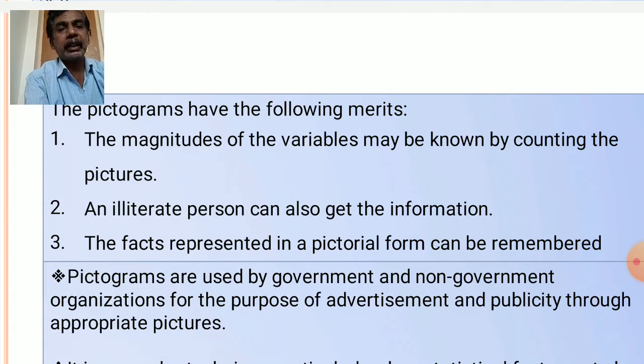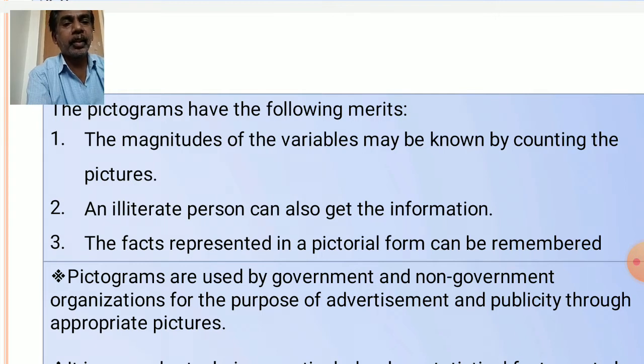An illiterate person can also get the information and understand by counting each picture. The facts represented in a pictorial form can be remembered.